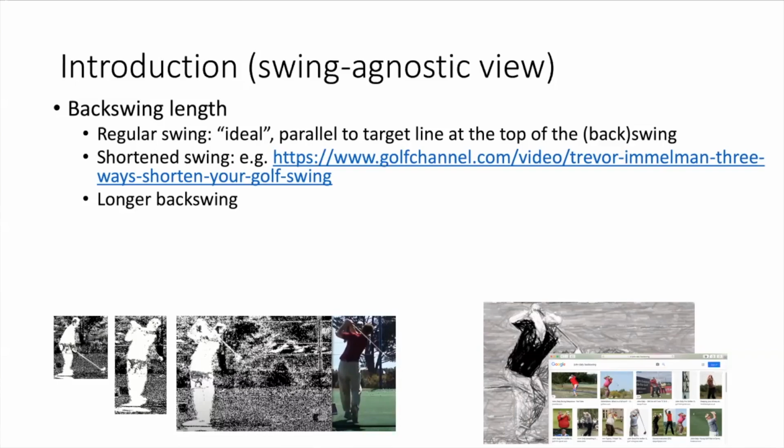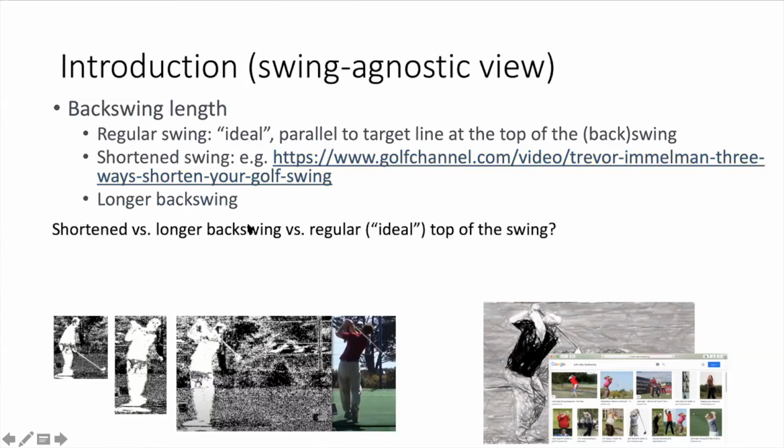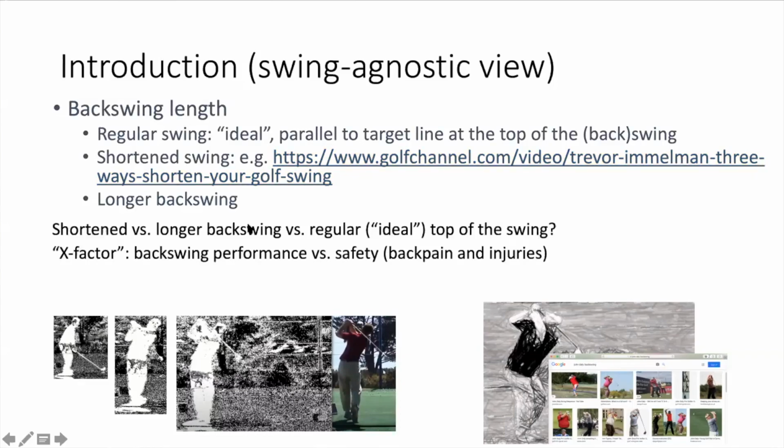Finally, there is the longer backswing shown below. This is preferred by those who would like to extend their X factor, the increased rotation and separation angle between hips and shoulders, which should in theory increase distance. However, we should also consult some recent publications linking X factor and back pain and golf injuries.